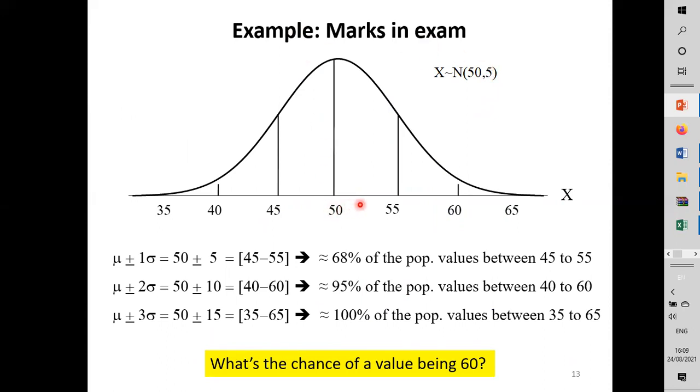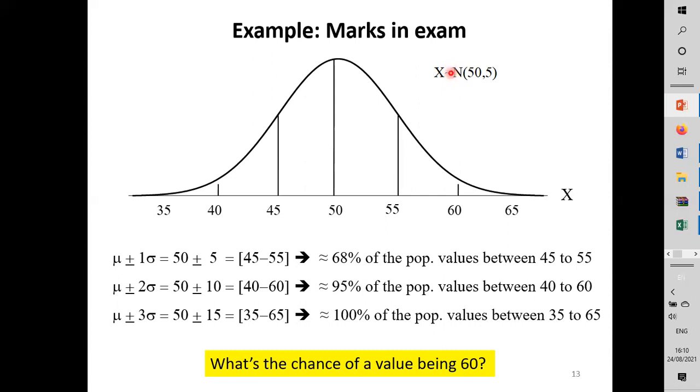From 50 minus 5 to 50 plus 5, 45 to 55. 68% of students' marks must be in this range. Supposing 100 students sit for the exam, roughly 68% of the students' marks will be between 45 and 55, if it's normal.